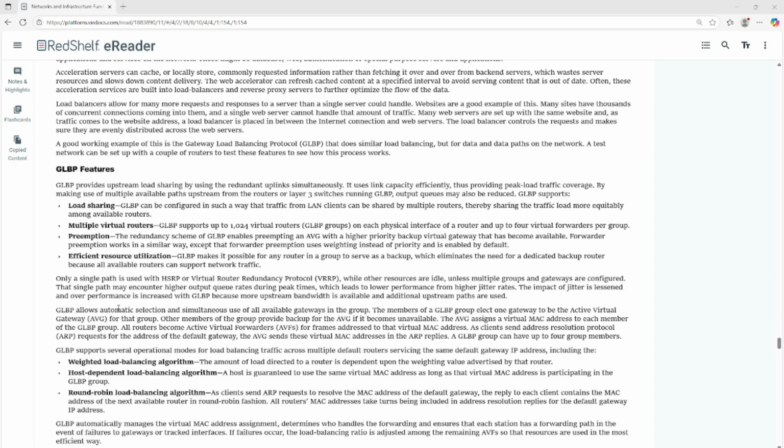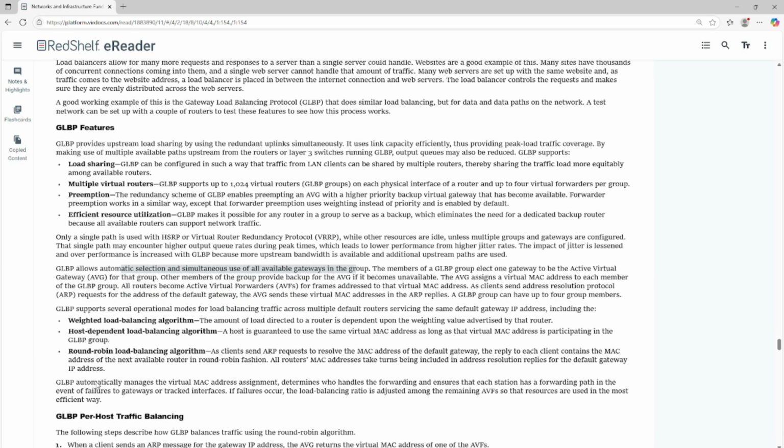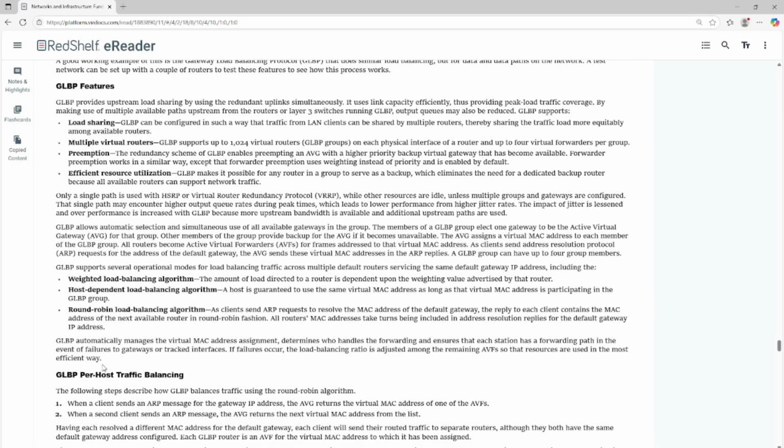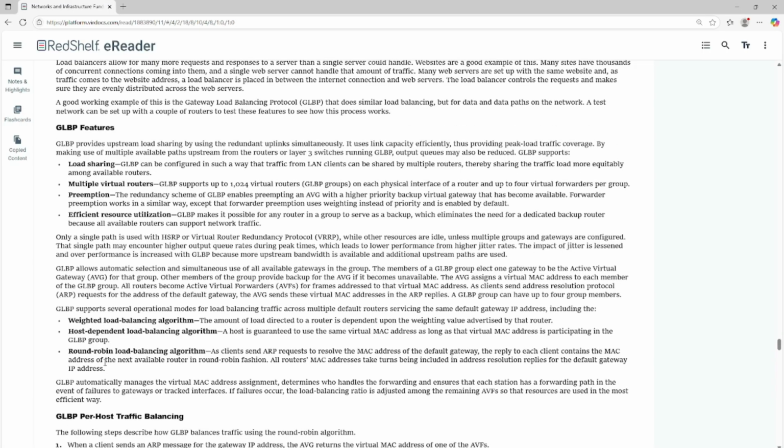It allows for automatic selection and simultaneous use of all available gateways in the group. You can read this for a better understanding. But what is very important is to understand the concept of load balancing.